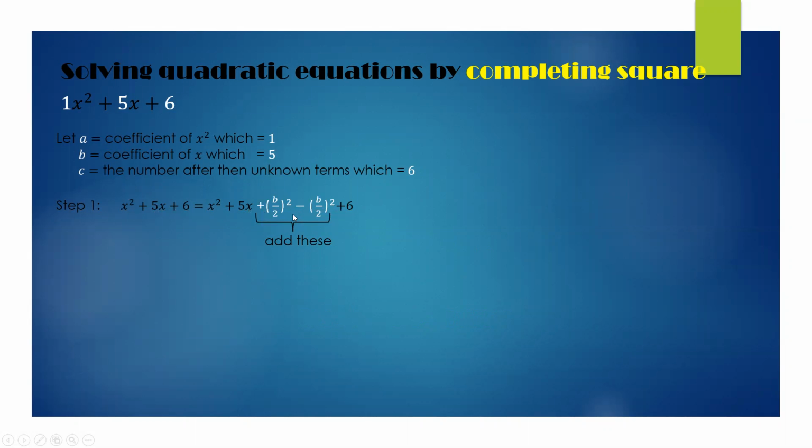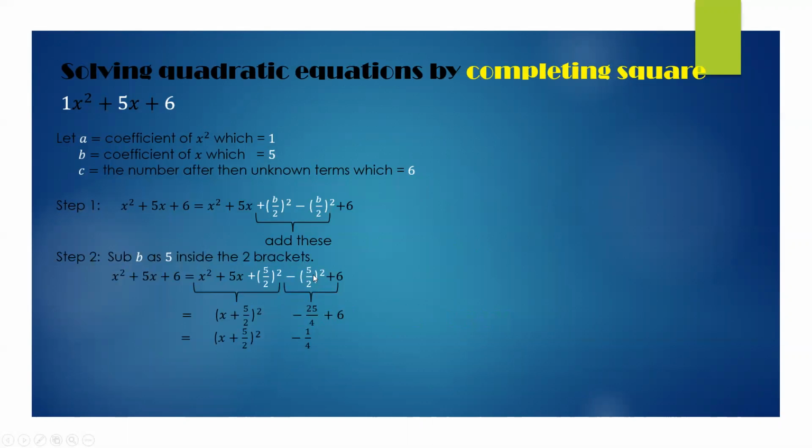So let's see step 2. Now in step 2, we need to substitute b as the coefficient of x, which is 5 in this case. So you just replace b with 5. After that, these first 3 terms are going to compress and become this.